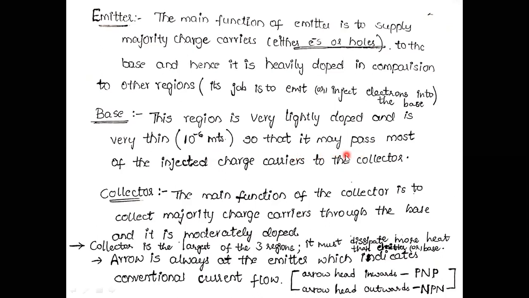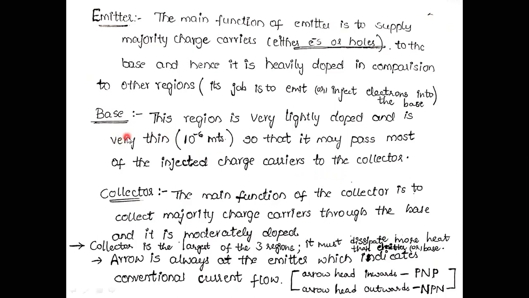So that it may pass most of the injected charge carriers to the collector. Via this base terminal, the majority charge carriers are transmitted to the collector. The base is lightly doped and very thin, in the range of a micrometer, so that it may pass most of the injected charge carriers to the collector.